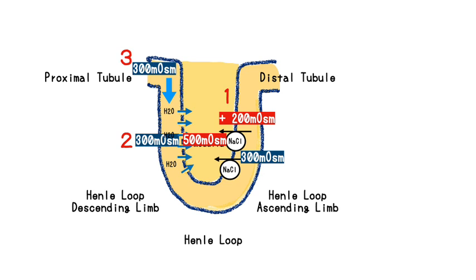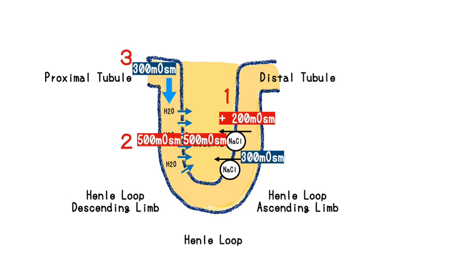As a result, the raw urine of the descending limb becomes concentrated and reaches equilibrium with the osmolarity of the medullary interstitial fluid. The osmotic pressure of raw urine flowing through the descending limb increases to 500 milliosmoles, the same as that of the interstitial fluid of the medulla.